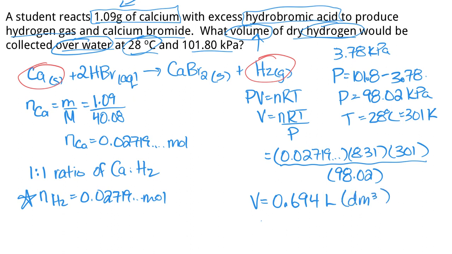Or if you want, we could put this into milliliters because it just looks a little bit nicer at 694 milliliters. So 694 milliliters of hydrogen would be collected over water if we were to do this reaction with 1.09 grams of calcium.